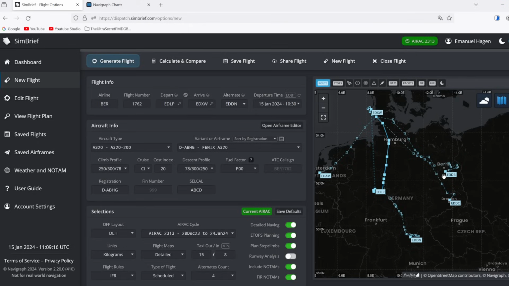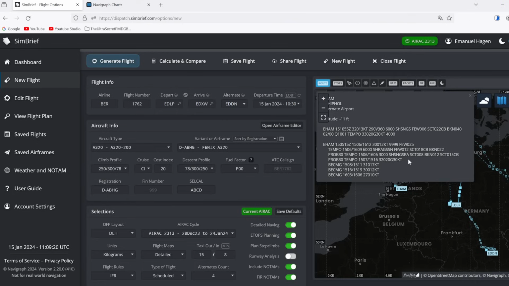So if we have a quick look over at the weather that we've got over here, we've got Amsterdam, which has a couple of snow showers forecast in the morning, and then a little bit of wind with a PROB 30 later on. So Amsterdam, a little bit windy, but apart from that, okay. Do note that PROB 30 TEMPO does not need to be taken into account for your alternate planning.